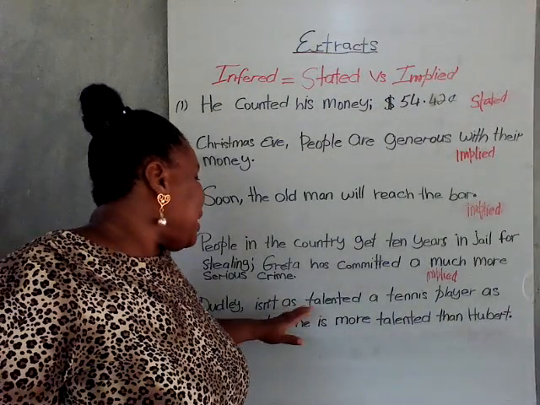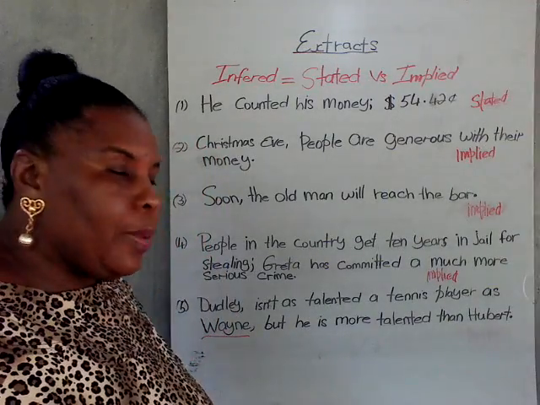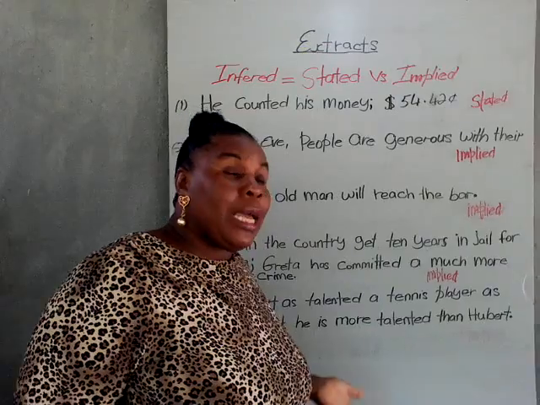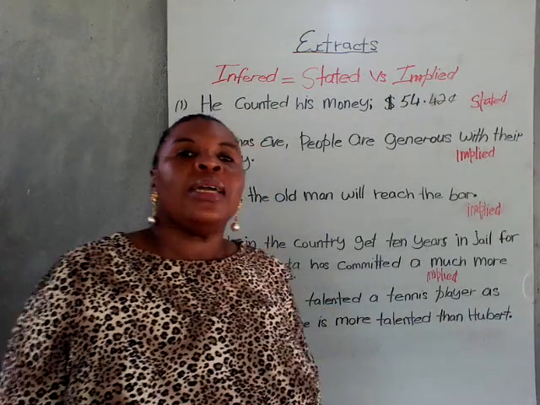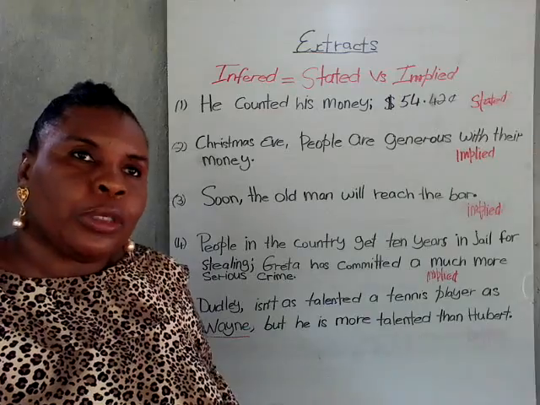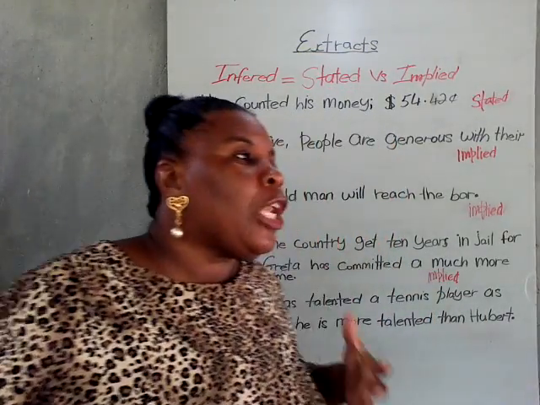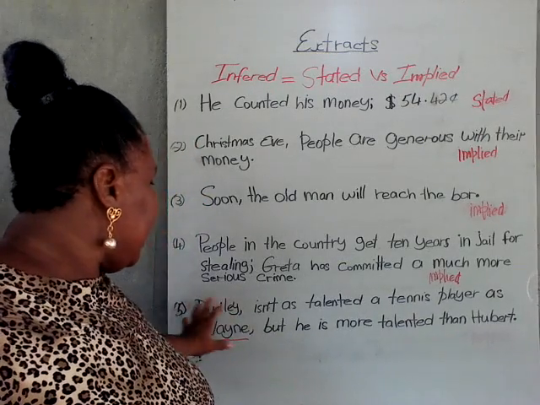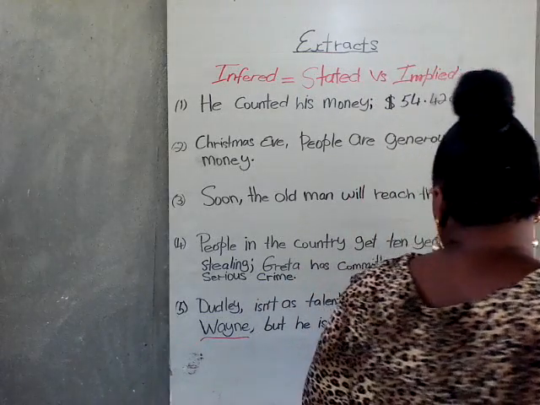Dudley isn't as talented a tennis player as Wayne, but he is more talented than Hubert. So what is this sentence saying?